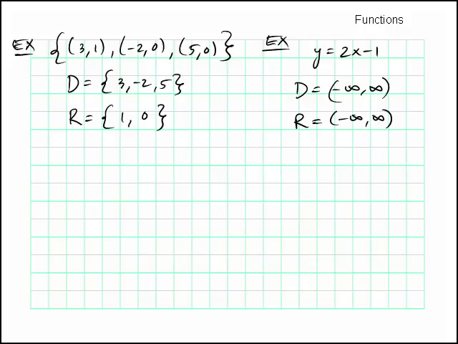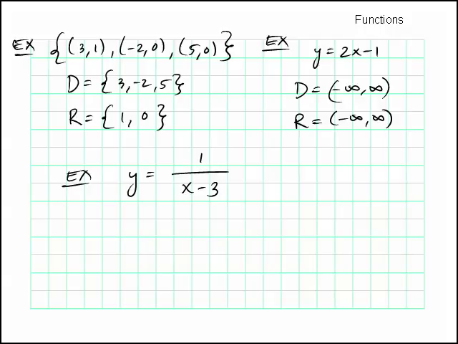The only time that it wouldn't would be if you had something like this. Let's say we had the equation y equals 1 over x minus 3. Can I plug in anything I want in there for x? Can x be 5? Yes. Can x be 4? Yes. Can x be 3?